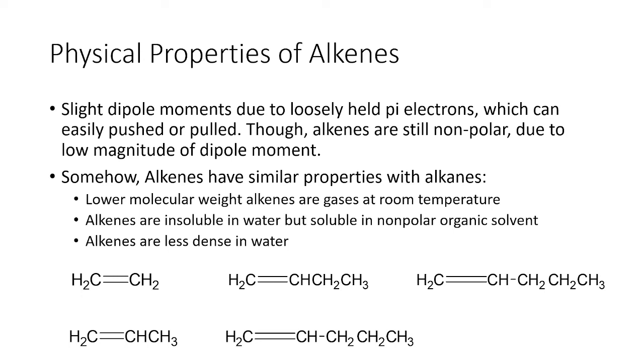Kahit na sabihin natin may slight na polarity or dipole moment due to that pi electron, as you may have remembered, if we have here our carbon compounds, we have here the sigma bonds, which is the overlap between those carbon atoms. And as you may have remembered, we have there two electrons. Tapos i-add mo pa yung overlap dyan sa sigma, yung ating pi bond dito, meron ulit silang dalawa pang electrons.